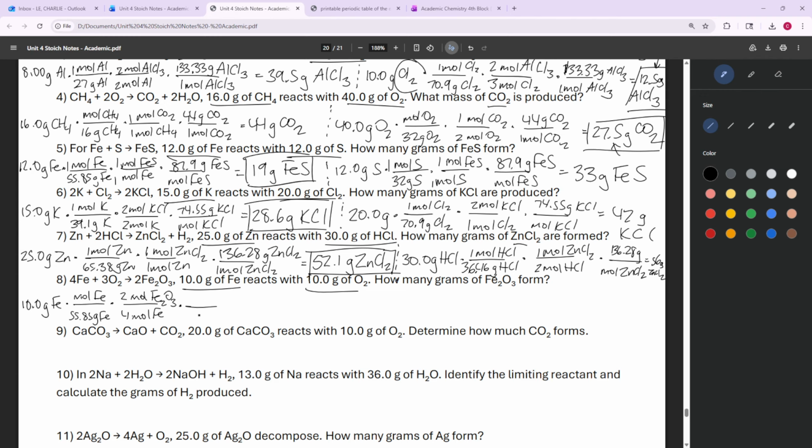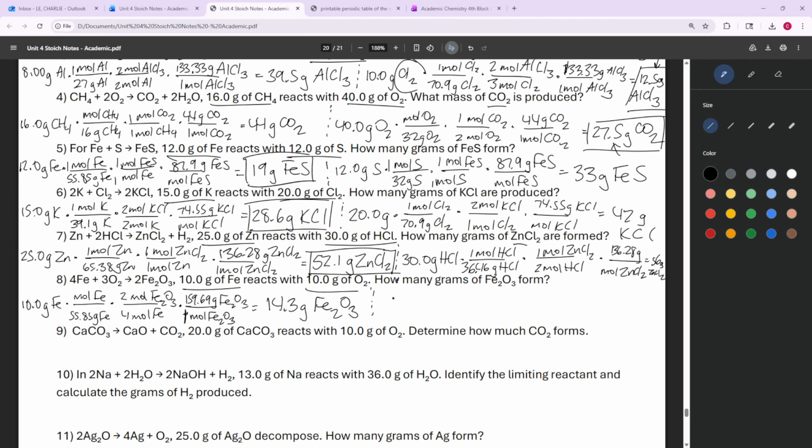And then for every 1 mole oxide, 159.69 grams of oxide. 10 divided by 55.85 times 2 divided by 4 times 159.69. That is 14.3 grams of iron oxide.